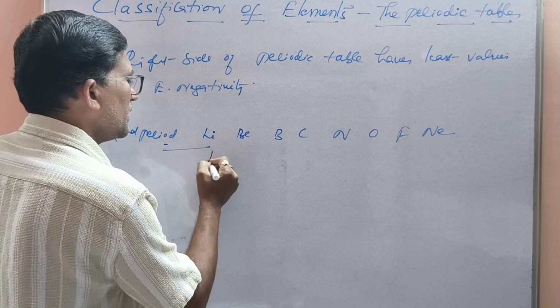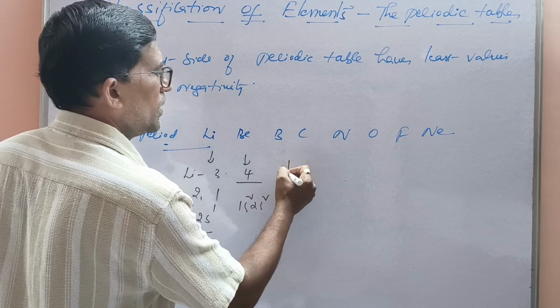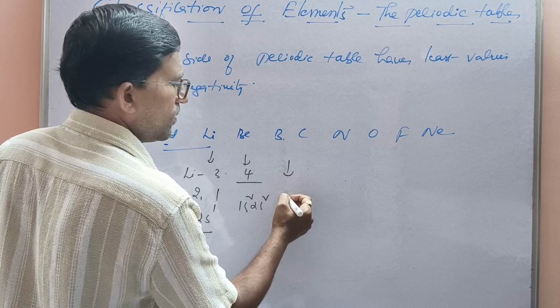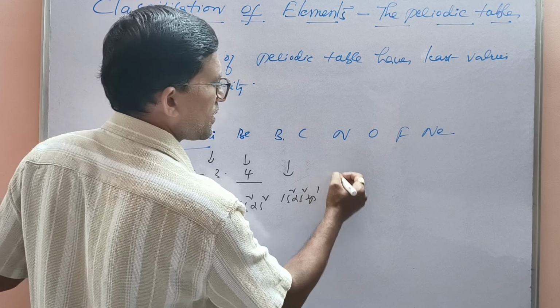Now if I talk about lithium, the atomic number is 3. The configuration in shell level is 2, 1. If I write the orbital configuration, it is 1s2, 2s1. Beryllium, atomic number 4, is 1s2, 2s2. Boron is 1s2, 2s2, 2p1. Carbon is 1s2, 2s2, 2p2.